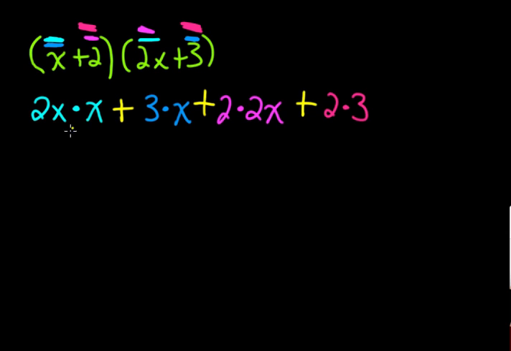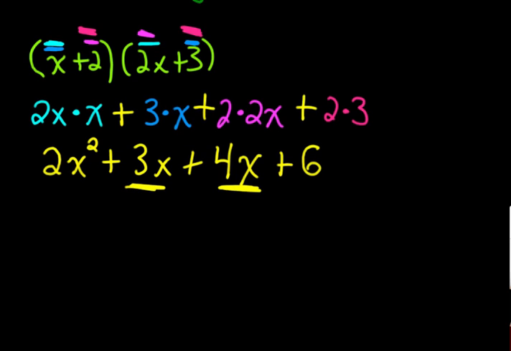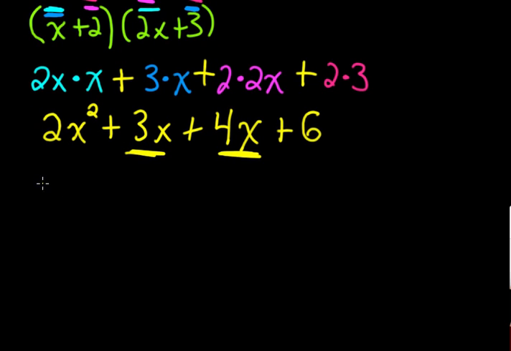So 2x times x, using my exponent rules, is 2x squared. 3 times x is 3x. 2 times 2x, again using my rules, I get 4x, plus 2 times 3 is 6. But notice, these middle terms again are the same degree of x, so I can gather like terms.